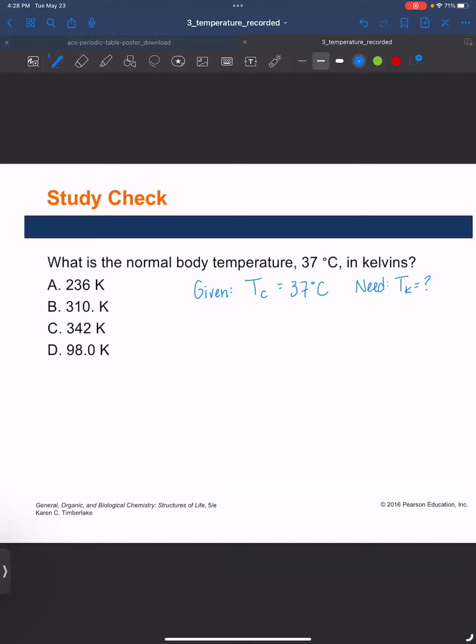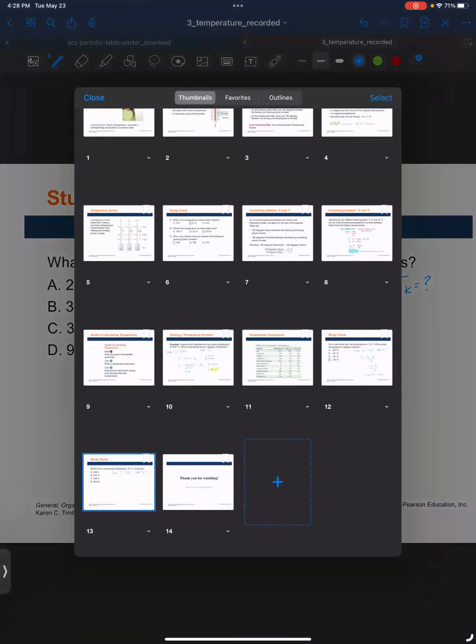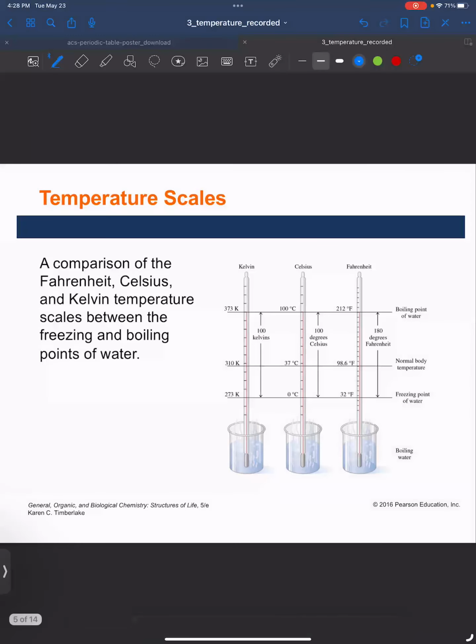And so the formula for this, if you remember back, is that the same degree Celsius is the same size as Kelvin, right? 1 degree Celsius is equal to 1 Kelvin. And the only difference is that, for example, the freezing point of water is 0 degrees Celsius and the freezing point is 273 Kelvin. So they have a difference of 273.